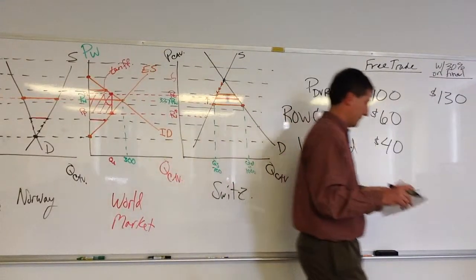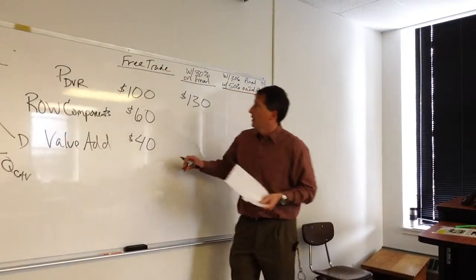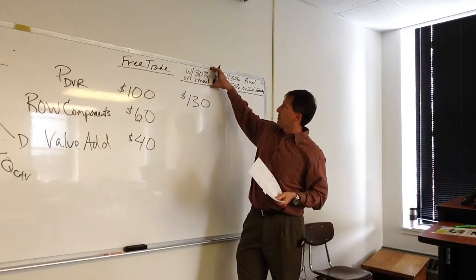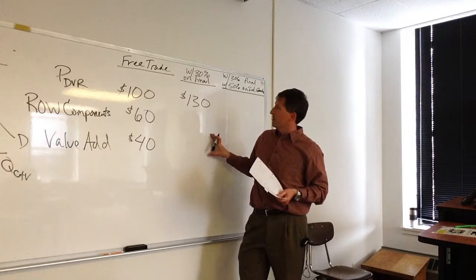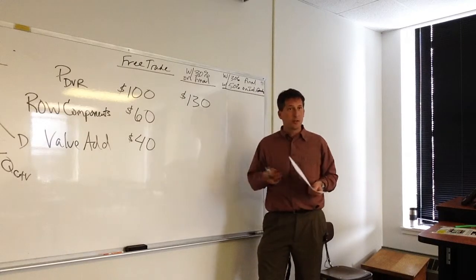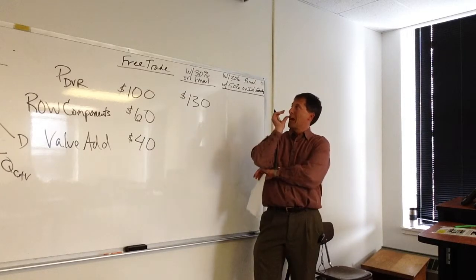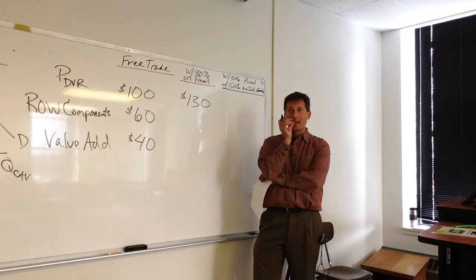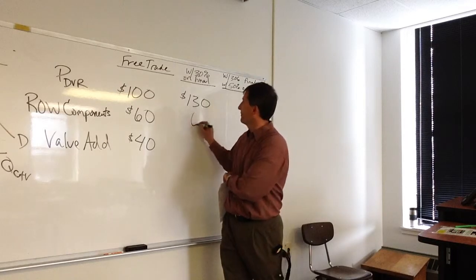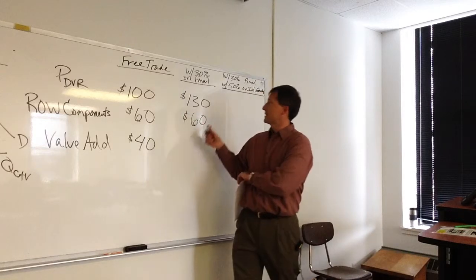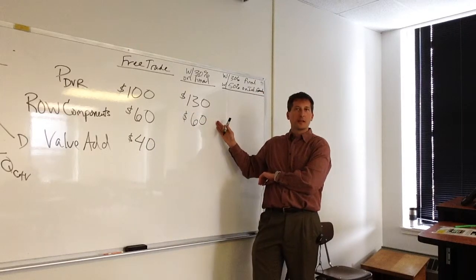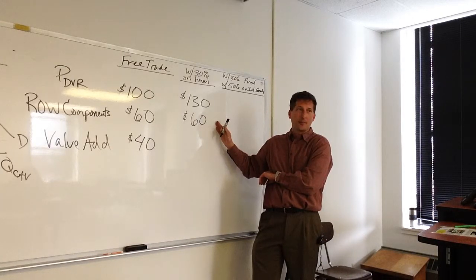Now, if we have a 30% tariff on final goods, how does that change? Why is it still 60? Yeah, we're still going to Indonesia and China, and we're still buying these components for the same price, right?